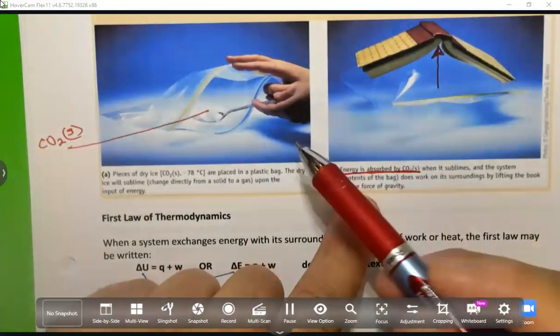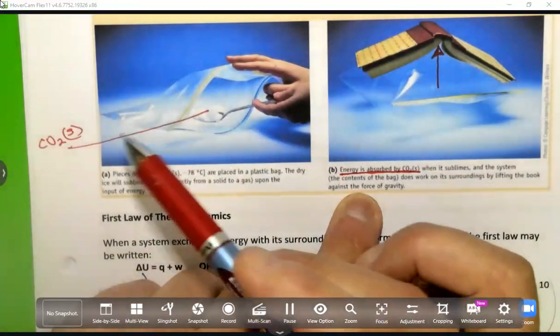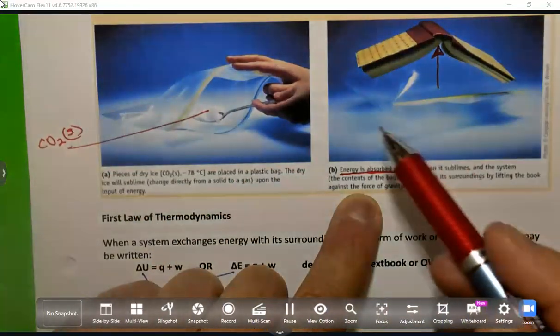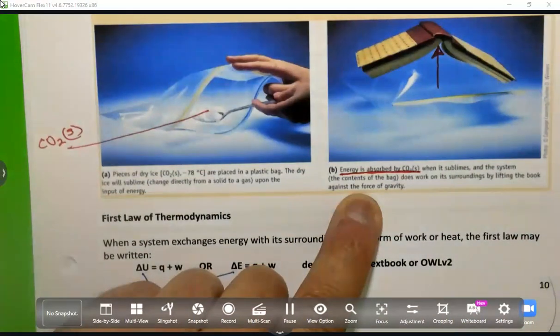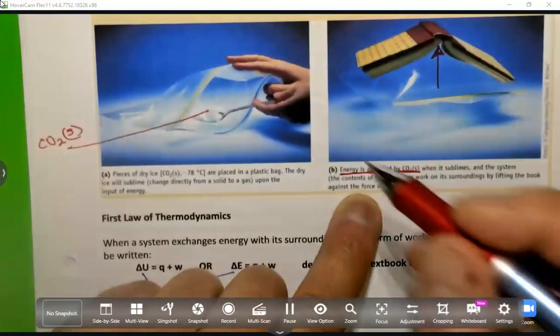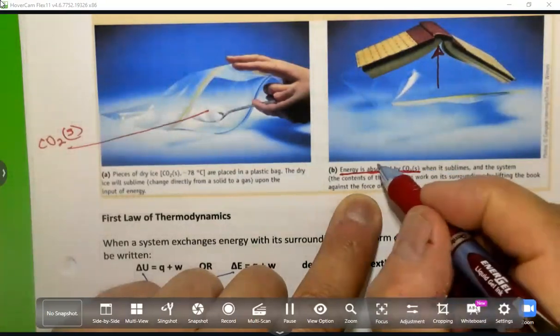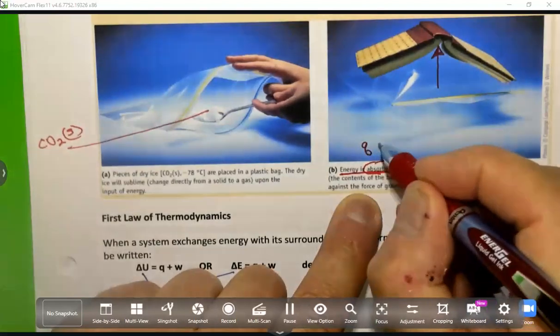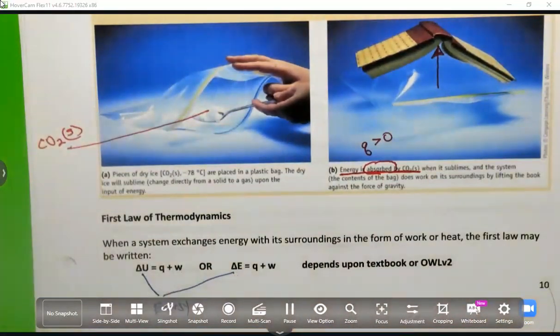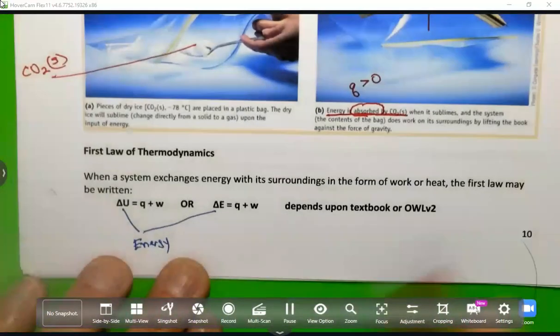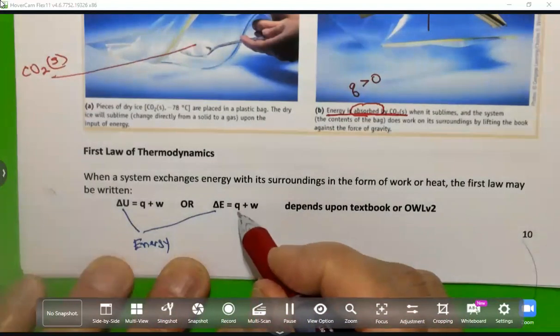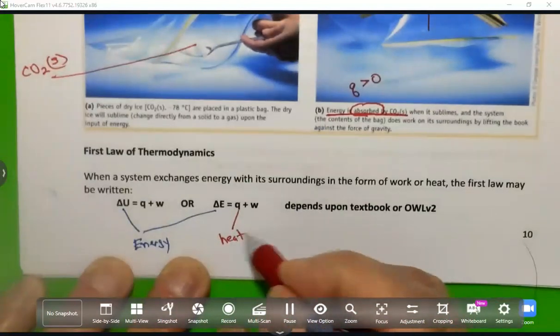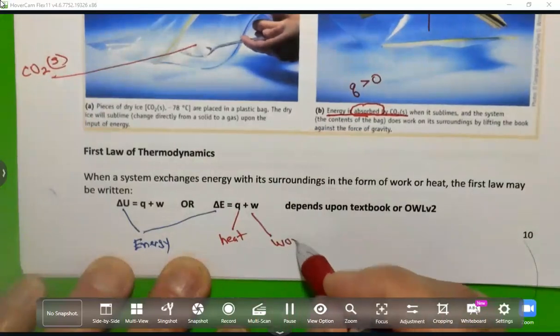It needs to take on energy, and it really just goes from a solid to a gas, right? Carbon dioxide doesn't melt. It goes directly from a solid to a gas. And the key word here is absorbed. So Q is going to be greater than 0. And basically what OWL does in this first part is, this is my heat, and this is my work that I can get done.